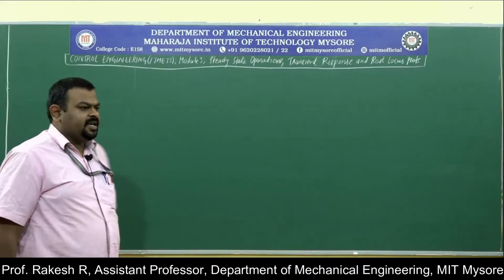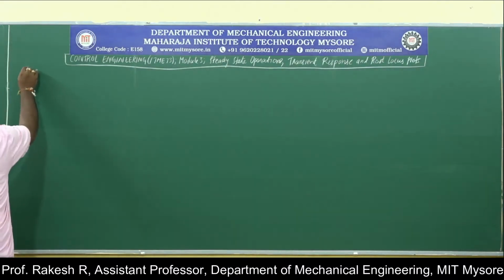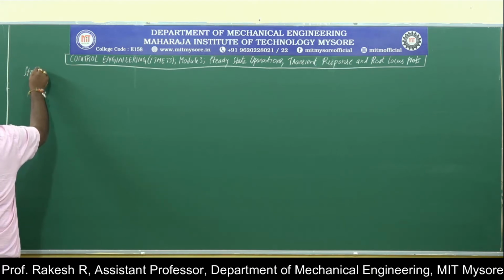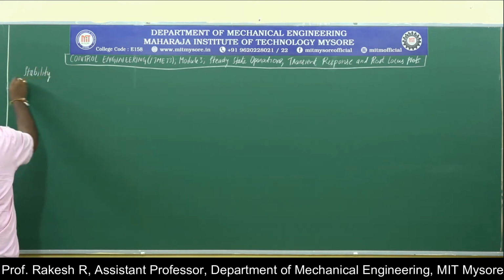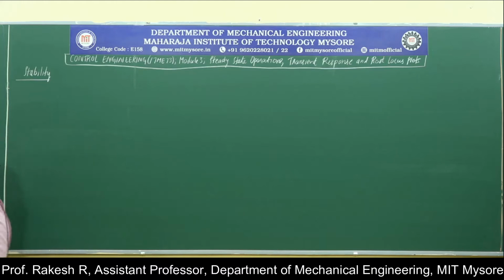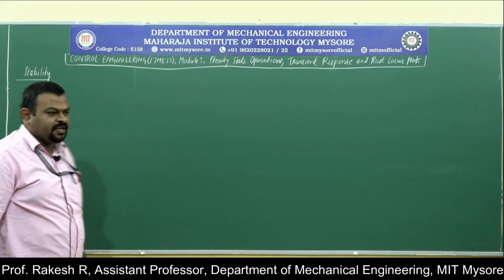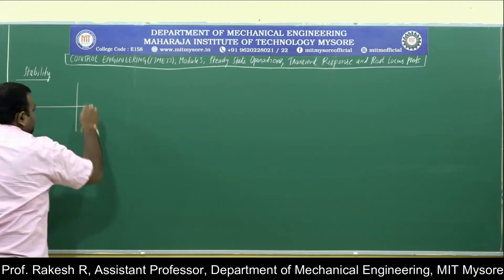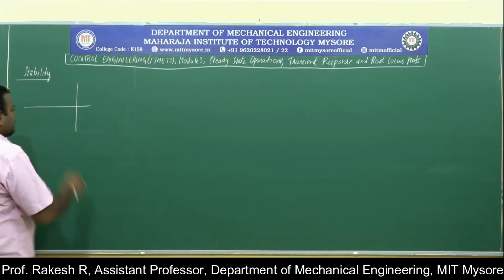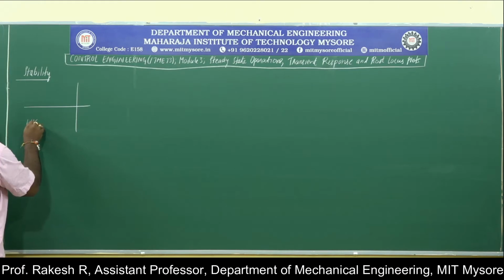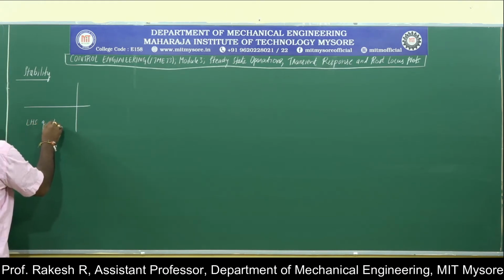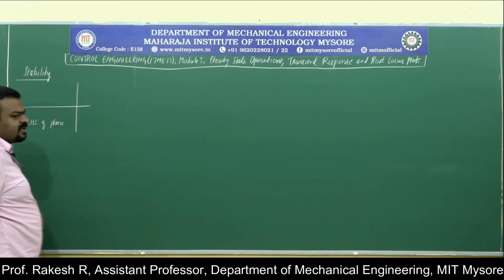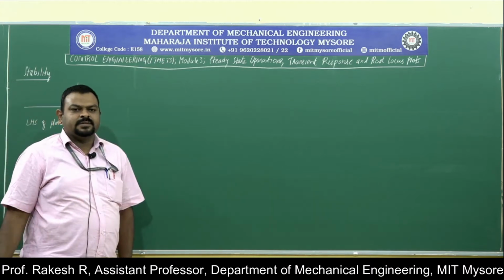The next concept is stability. When we solve the roots of the characteristic equation and plot the roots, if all the roots lie on the left hand side of the plane, then we will say the system is stable.